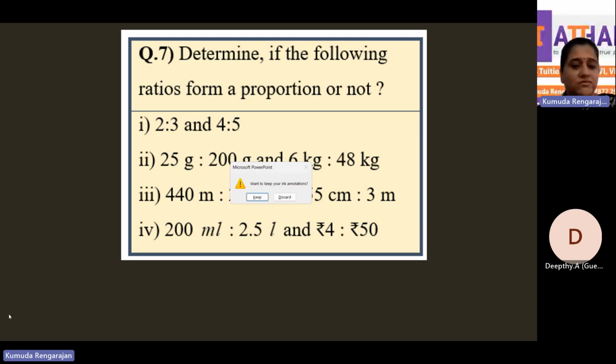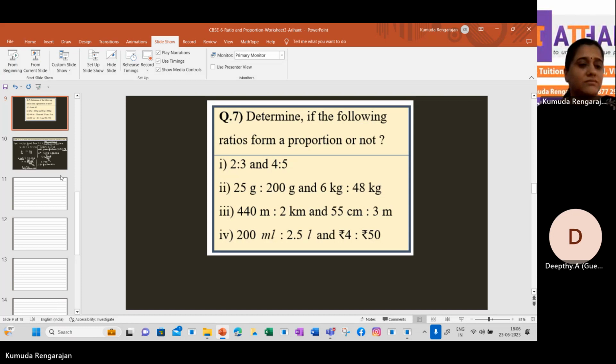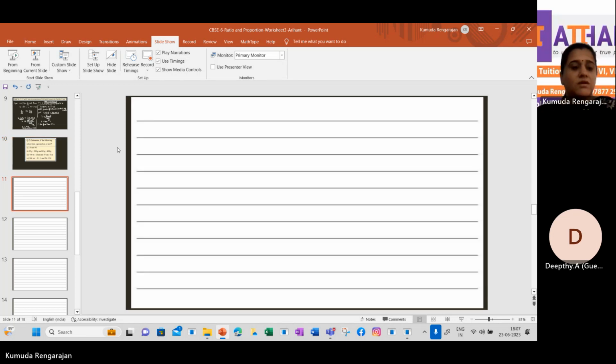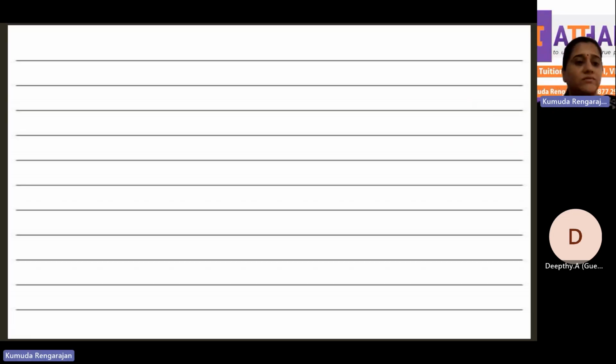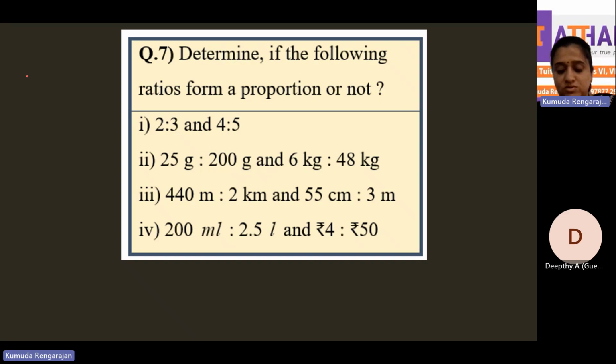So how do we do the first one? Let's take 2:3 and 4:5.